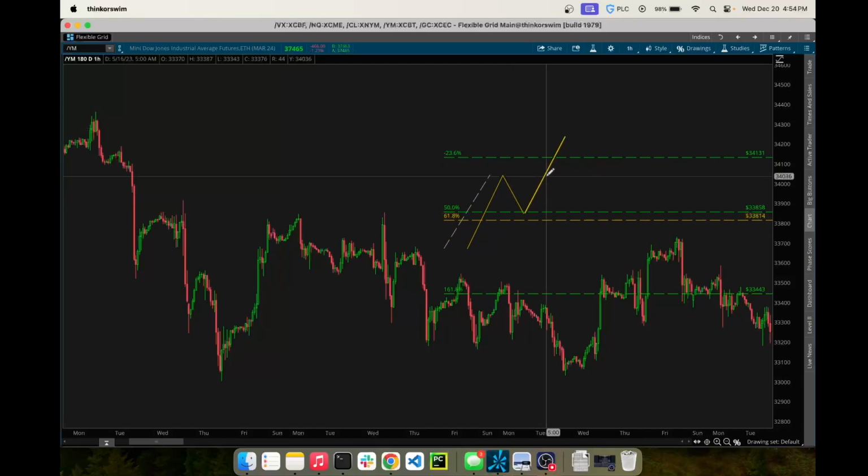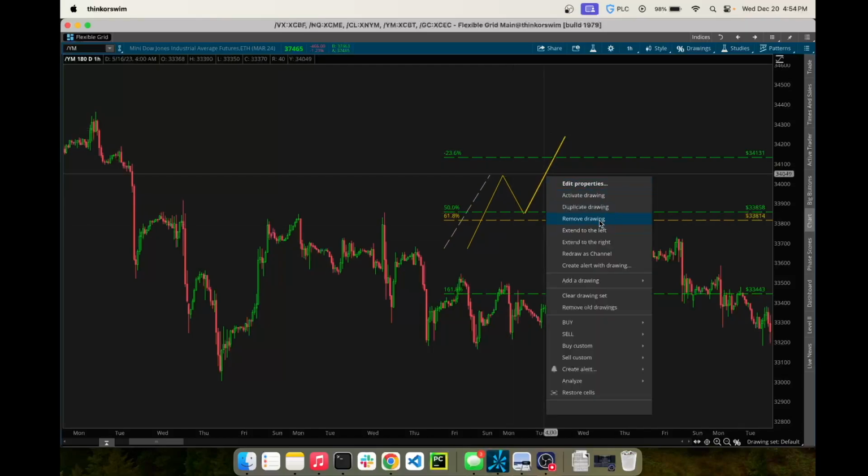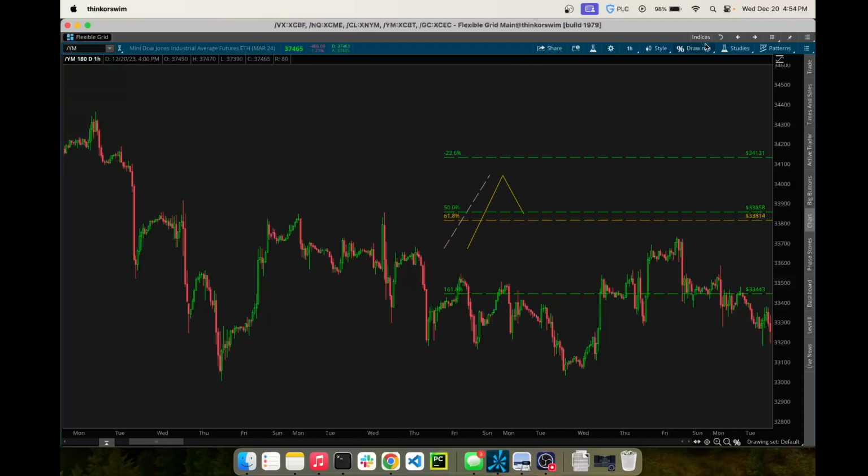So what happens in this case? Well, let's start to build out a plan using just this information, right? Price is here. So we get our retracement and we get long.